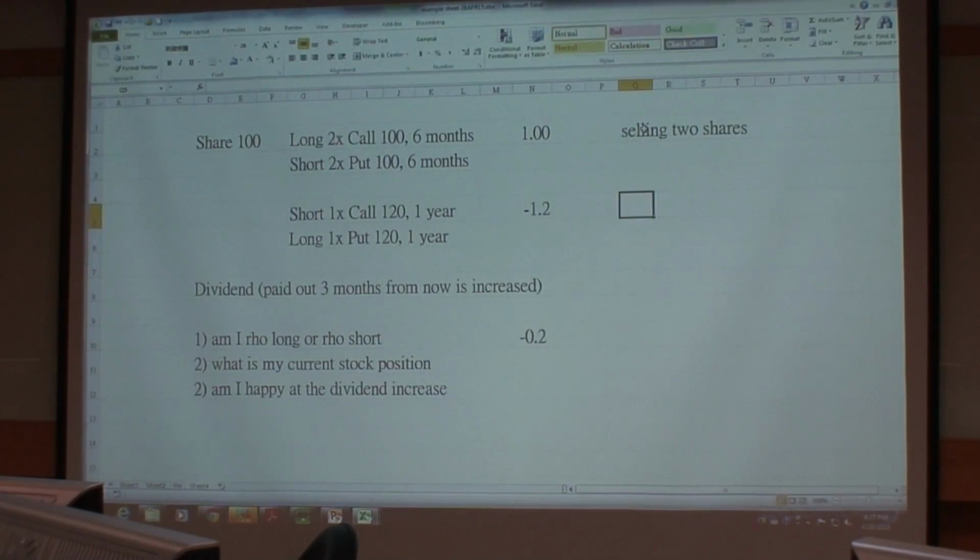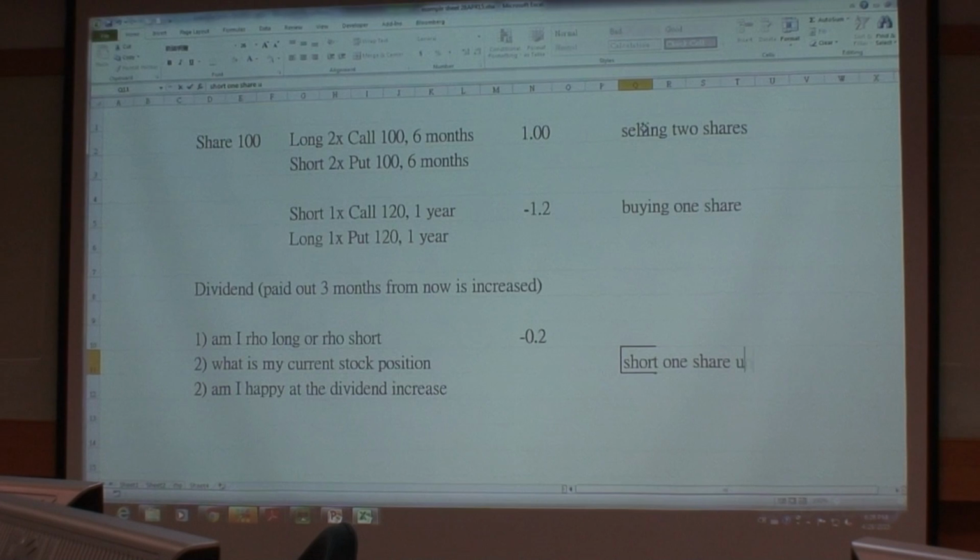How do I hedge 1 conversion, a short synthetic? By buying 1 share. So what's my current short position? Short 1 share until 6 months from now. So now we already see the rho is negative. So if the interest rate rises, that's a negative for me.